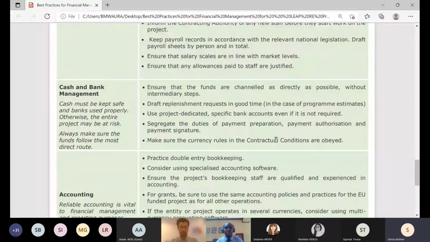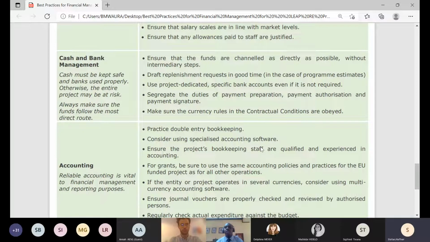This involves a situation where you have to withdraw cash and pay a supplier of goods or services, so the partners should try to avoid that. It's also good to prepare replenishment requests in good time before making any withdrawals, if any. Then it's good also to segregate the duties of the payment processes to ensure, as I mentioned earlier, that there is good control in the management of cash and bank.